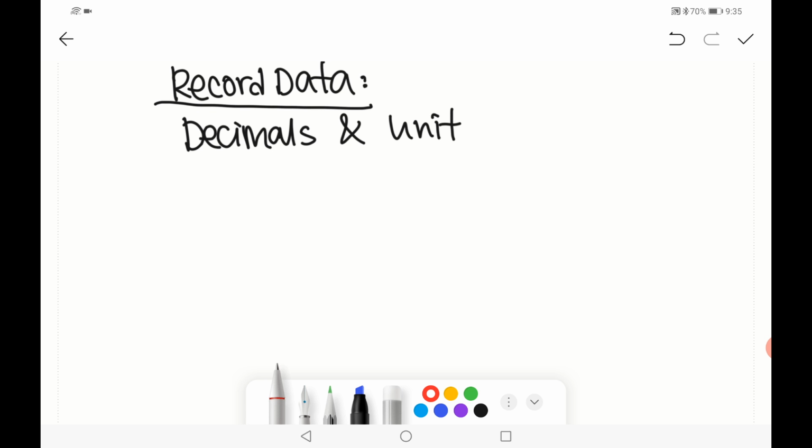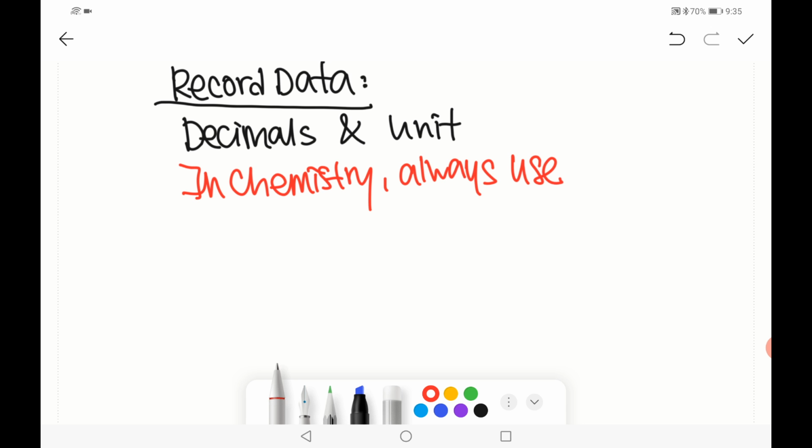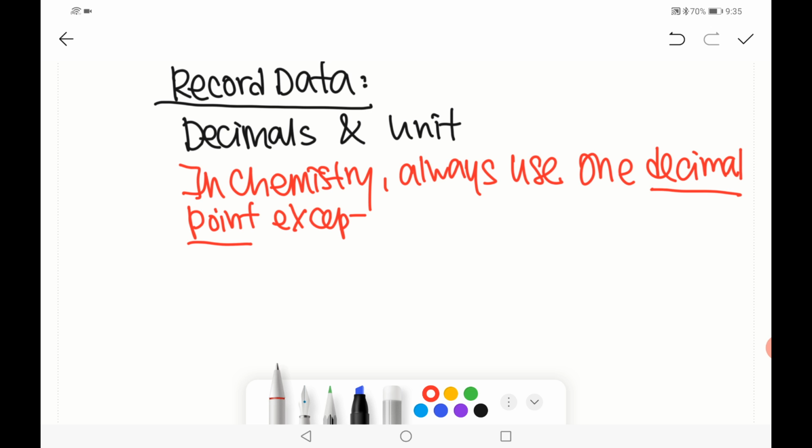In chemistry, whenever you want to record data, always use 1 decimal point for all the measurements, except when you measure using the apparatus called a burette.